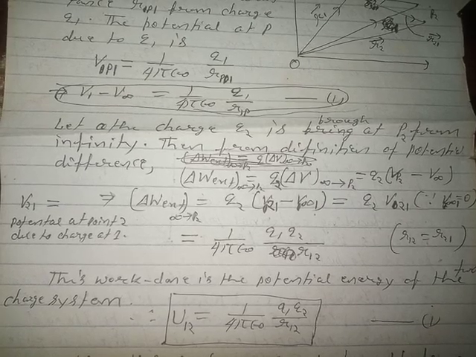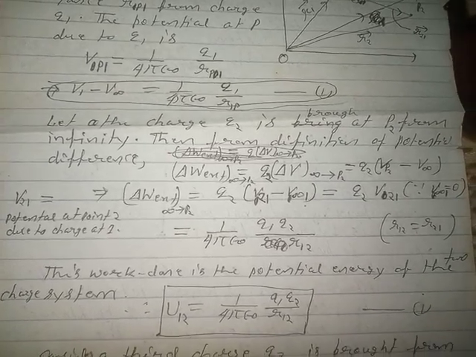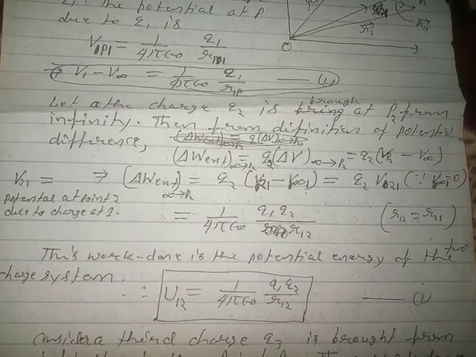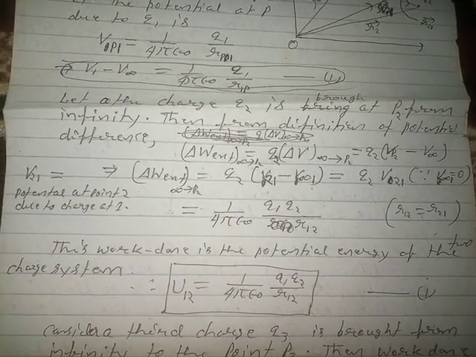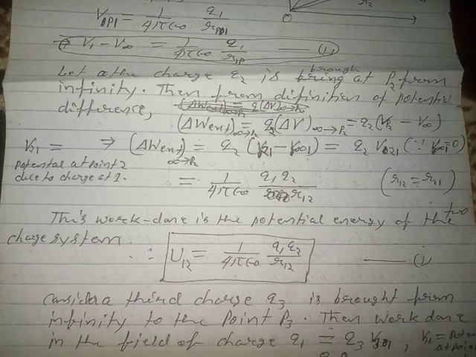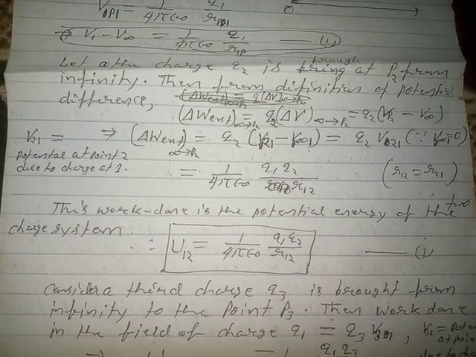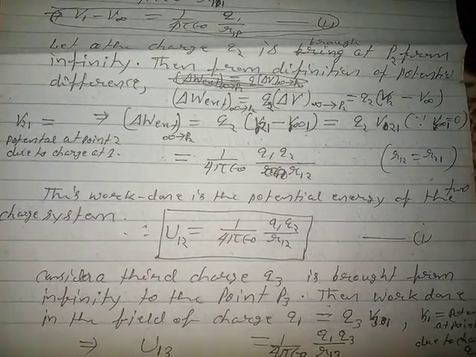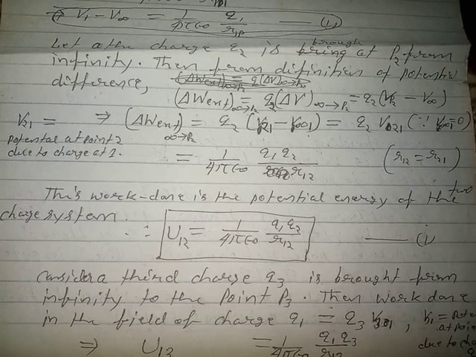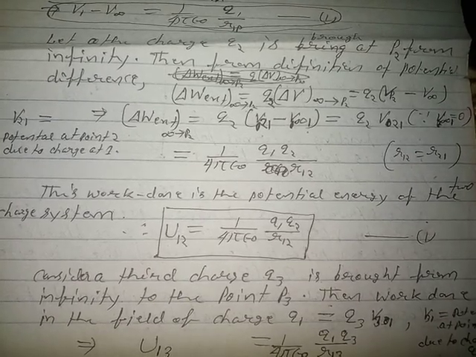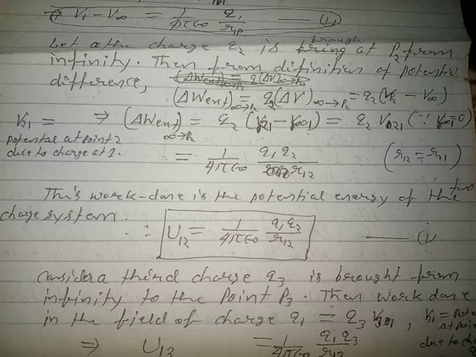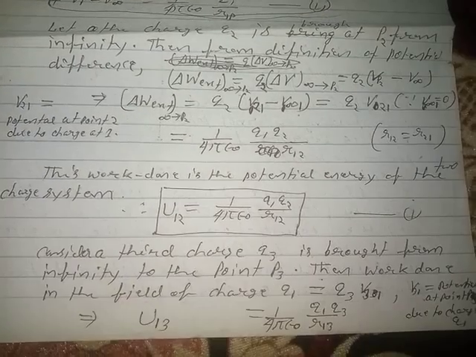Hence, del W external infinity to P2 equals 1 by 4 pi epsilon naught Q1 Q2 by R12. This work done is the potential energy of the two charge system. Hence, U12 equals 1 by 4 pi epsilon naught Q1 Q2 by R12, where R12 is the distance between the two point charges.